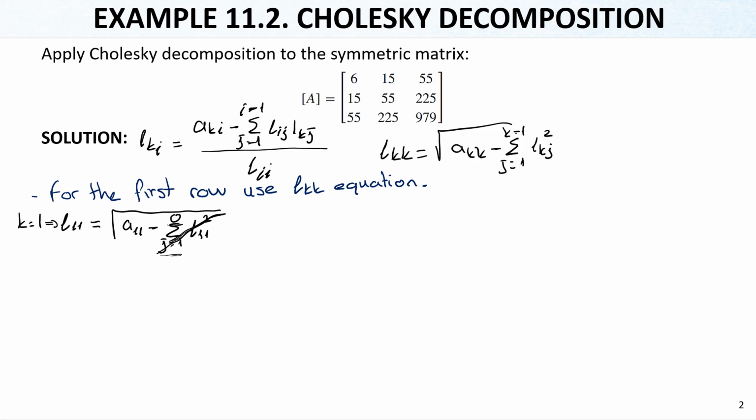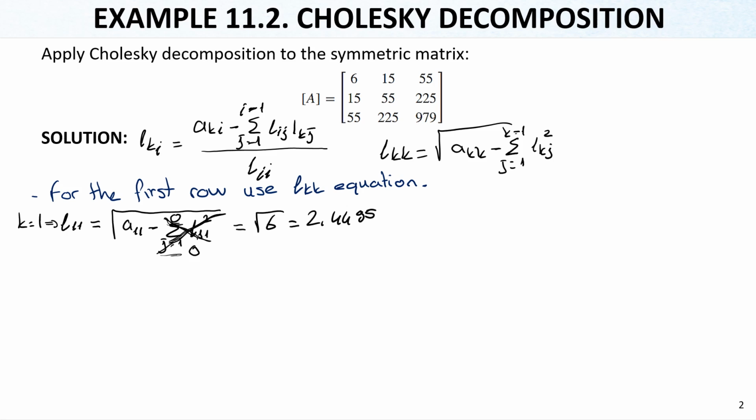If it says j is starting from 1, but the top is lower than j equals 1, so this goes 0 because the top is 0. Then it is just A11, meaning that A11 is 6 here, you can see. So it is root 6, which gives us 2.4495. Okay, so we use this for k equals 1.